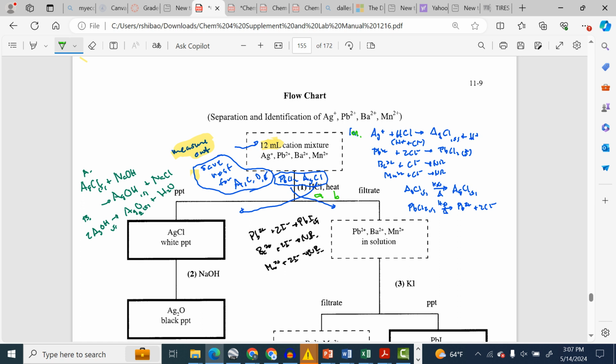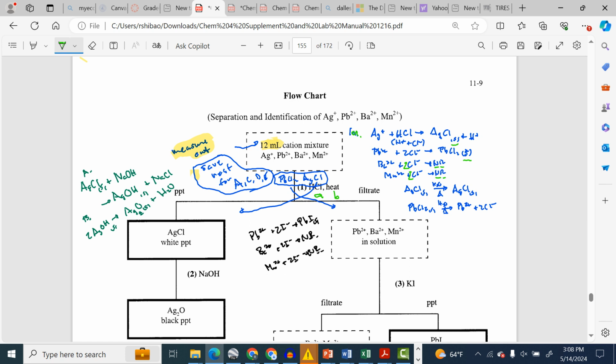So here we're going to precipitate out silver chloride. But lead also likes chloride. If we have lead 2 plus 2 chlorides, that gives us PbCl2 precipitate. And barium and manganese do not precipitate with chloride, even if I add 2 chlorides or more. There's NR, no reaction. Manganese, the same thing, NR, no reaction.